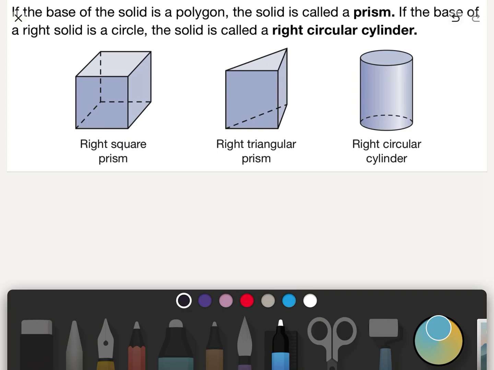So when we're looking at our different shapes, we can see how we should get the volume of each of these prisms. With the right square prism, that's pretty basic because we're essentially getting the area of the base and just multiplying that by the height, which is essentially what we've been doing the whole time for these things.